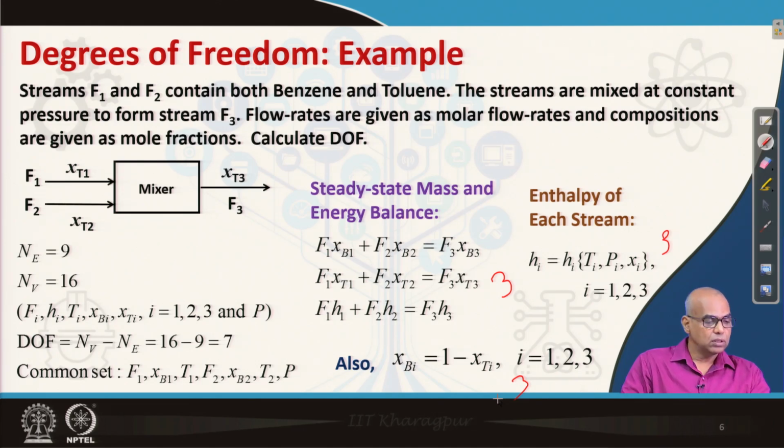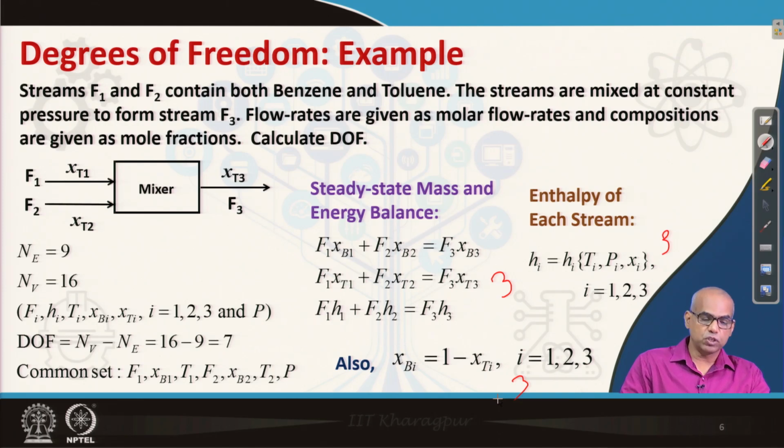So, if you want to completely define your system, if you want to get a unique solution, you have to specify 7 variables. The common sets are the flow rate, mole fraction of benzene and the temperature for stream 1.